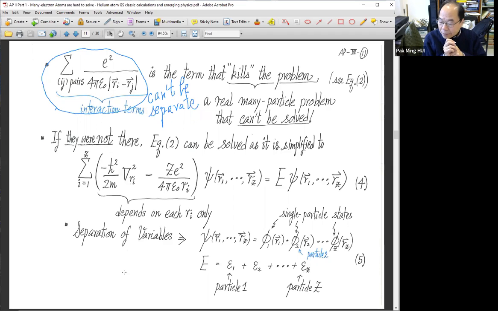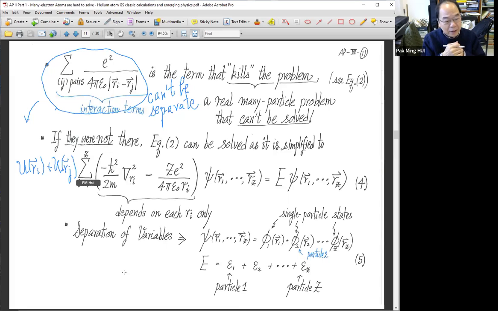What do I mean by that? Now you may try, but don't spend too much time. See if you can write this as some function of Ri and then some function of Rj.